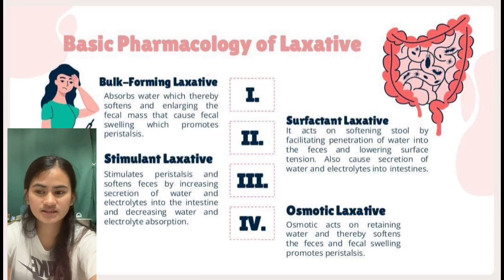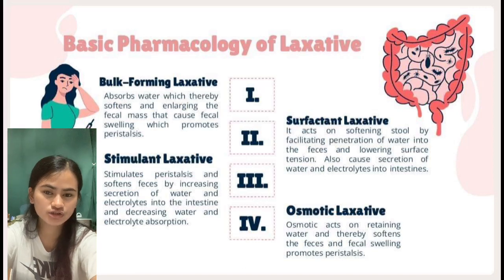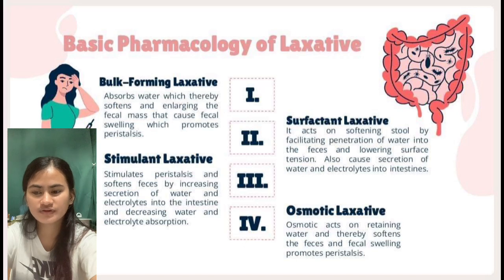So the second laxative is the surfactant. It acts on softening stool by facilitating penetration of water into the feces and lowering surface tension. It also causes secretion of water and electrolytes into the intestines. So next is the stimulant laxative.